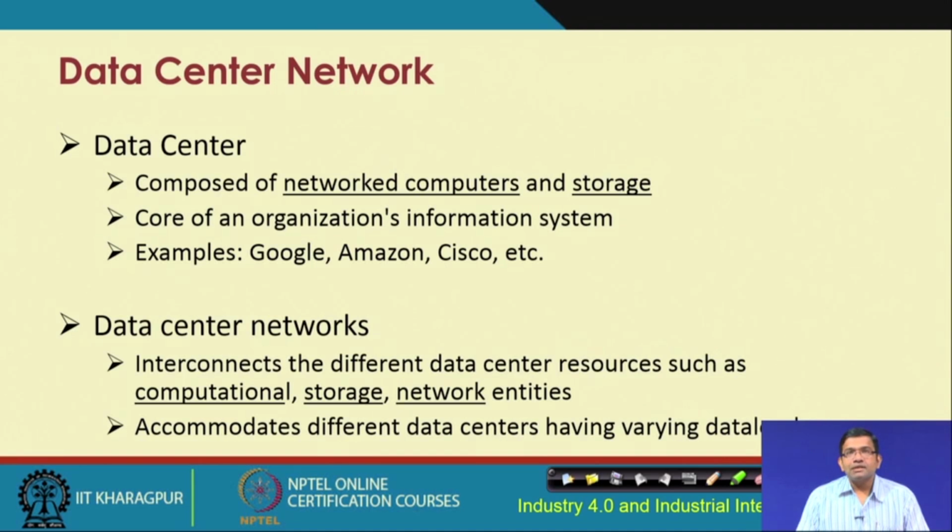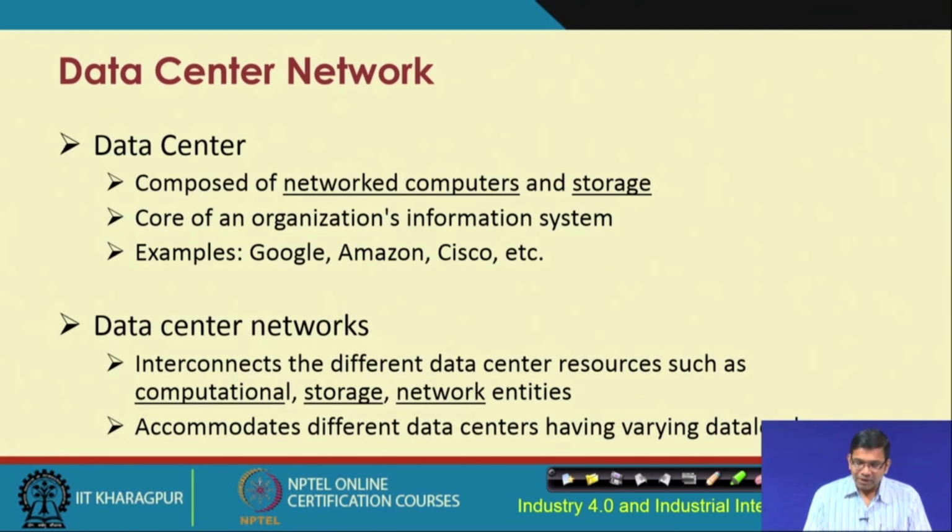Different data centers will be connected to one another, and that will help in different ways, including handling the varying data loads and computational loads that are going to come over time, which can be load balanced in a proper manner if you have these interconnected data centers.